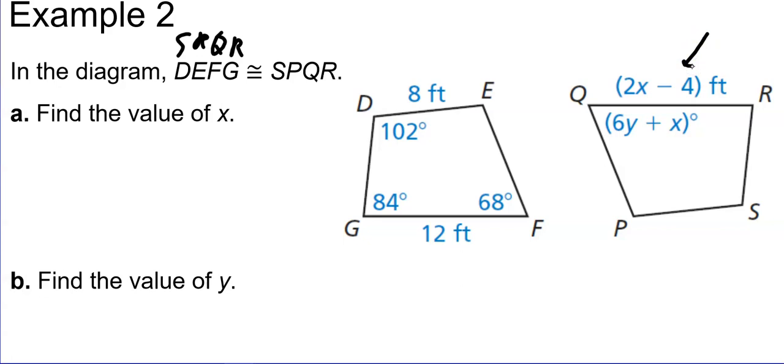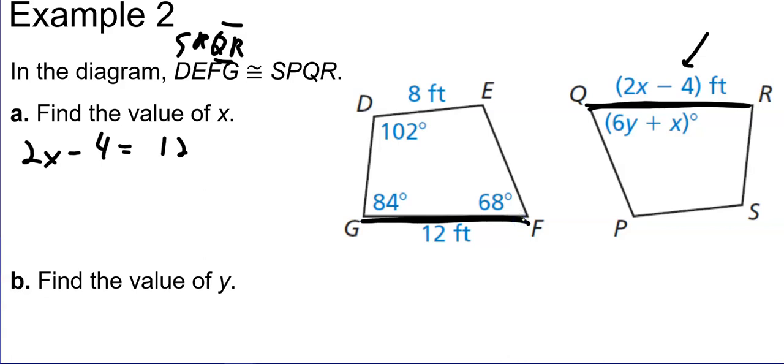So what corresponds to QR? That would be FG. So we can say 2x minus 4 is equal to 12 because QR lines up with FG. They're the same segment. So I'm going to add 4 to both sides, divide by 2, and get 8.